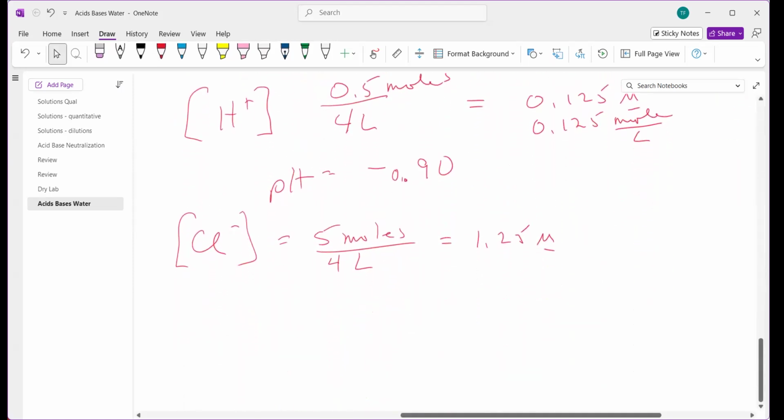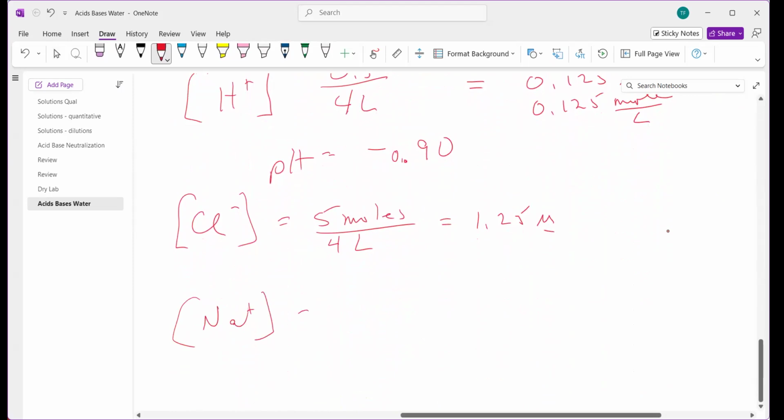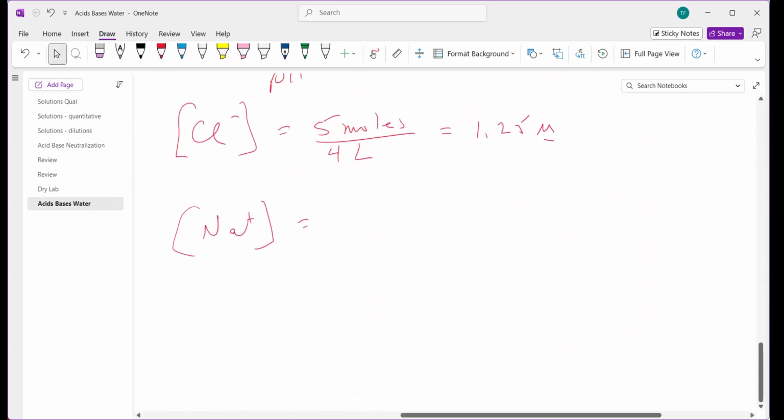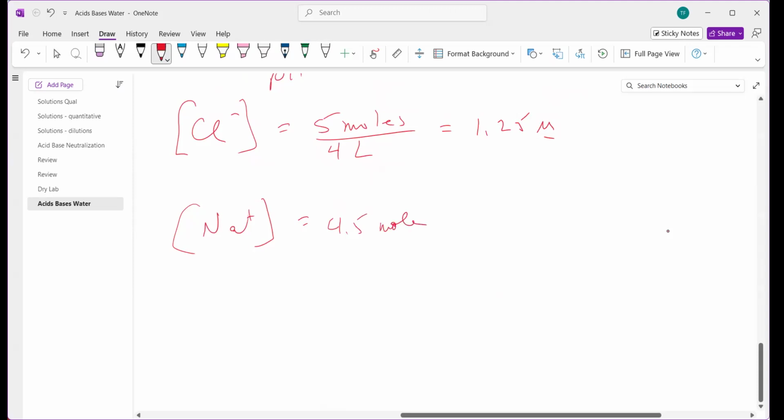Okay, so the concentration of sodium is going to be 4.5 over 4 liters.